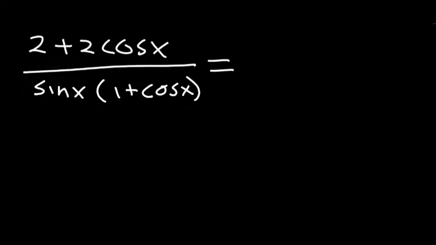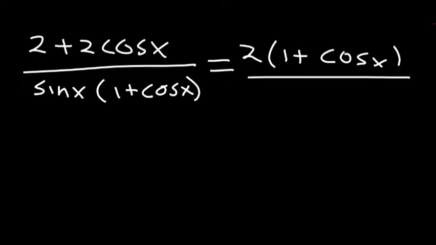So now we're just going to factorize the numerator. We know that 2 is common, so 2 will be taken outside or be factored out. Then we are going to remain with 1 plus cos x, divided by the denominator, which is sine x times 1 plus cos x. Okay, so now we see that something can be cancelled out there.